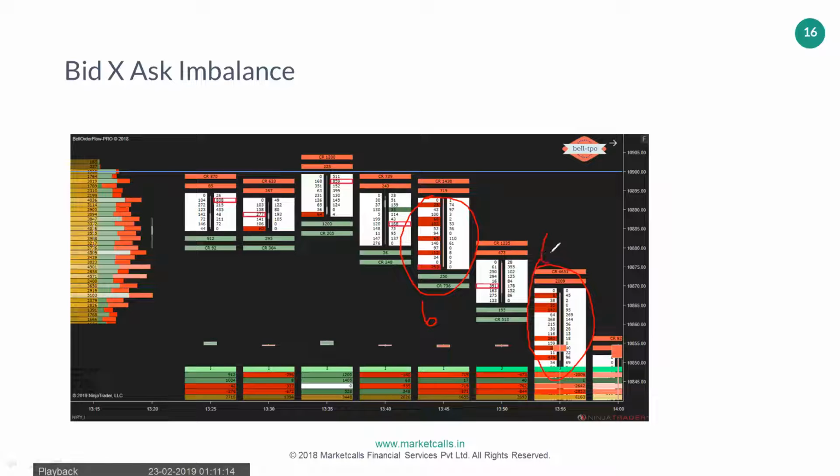So when there are more than 4 or 5 or 6 blocks, you're going to see that as a sign that we are in the initiative drive mode and price is traveling in a low liquidity area. Probably volume will be high. Probably volume could go even 4,000 also, 6,000 also. But if you look at each individual price level, the volume will be relatively thin, probably around 200 or 300.